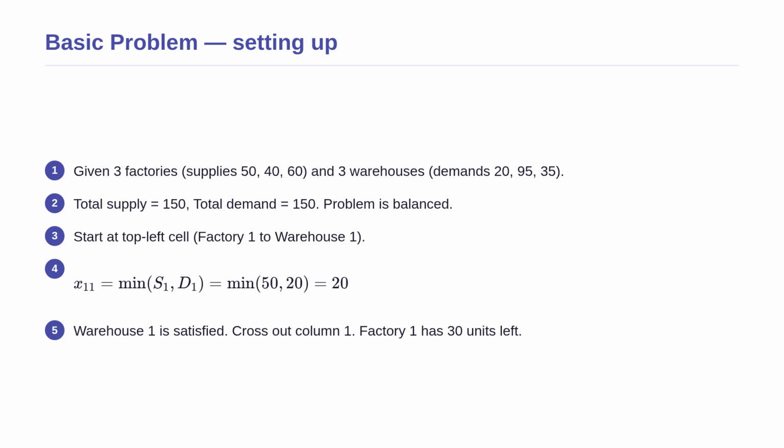We begin at the very first cell, representing the route from factory 1 to warehouse 1. We apply our formula, comparing the supply of 50 and the demand of 20. The minimum is 20, so we allocate 20 units. Warehouse 1 is now fully satisfied, so we cross out its column. Factory 1 still has 30 units left in its inventory.